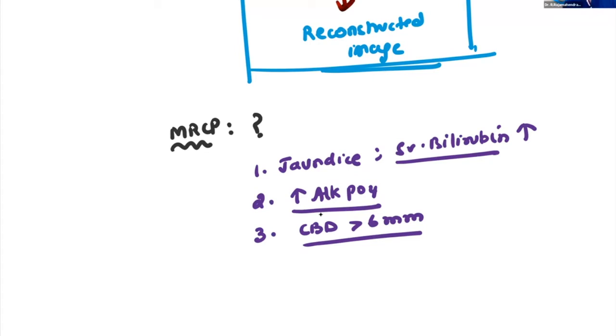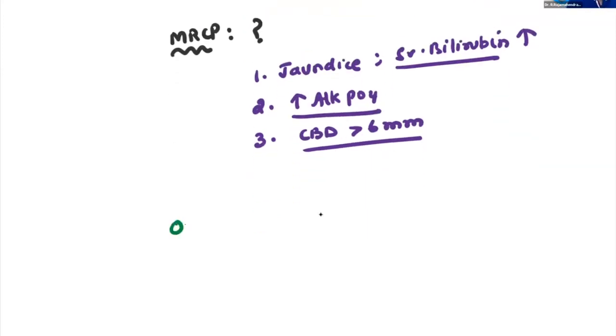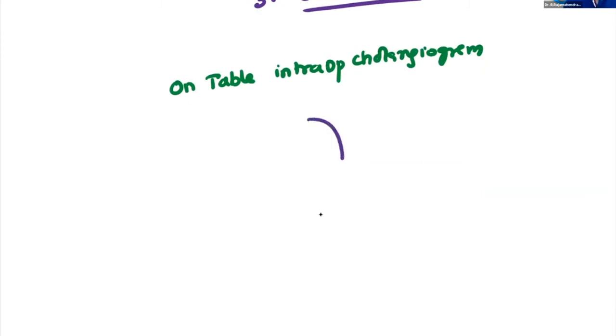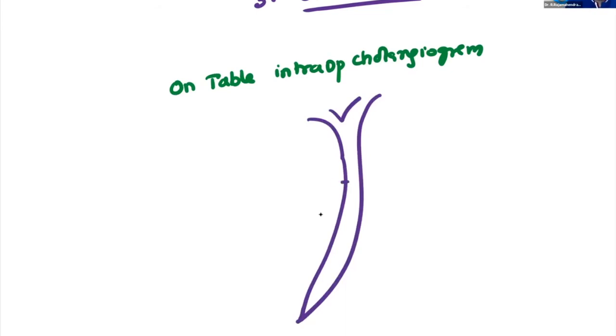To be practical, if you have a good setup, meaning you have facilities for on-table intraoperative cholangiogram. What an intra-op cholangiogram is, is beyond the scope of this chapter, but I have never done it because I don't have this facility, though many institutes do.